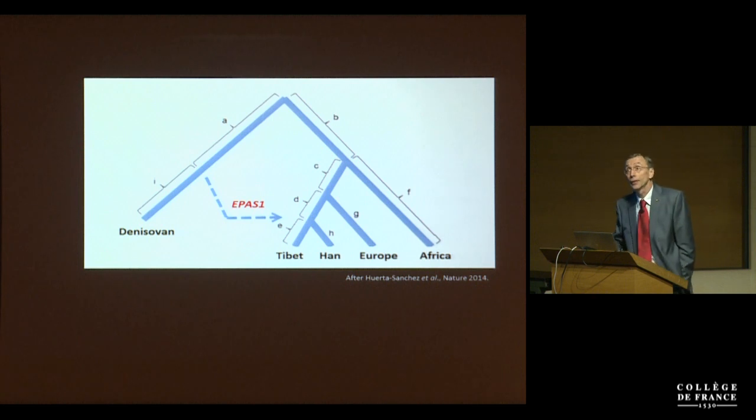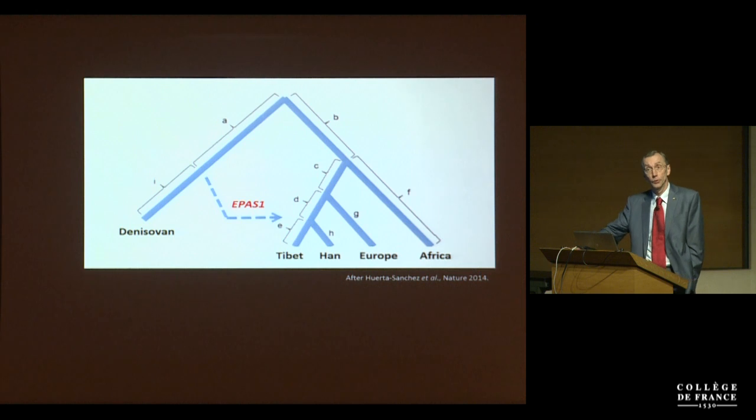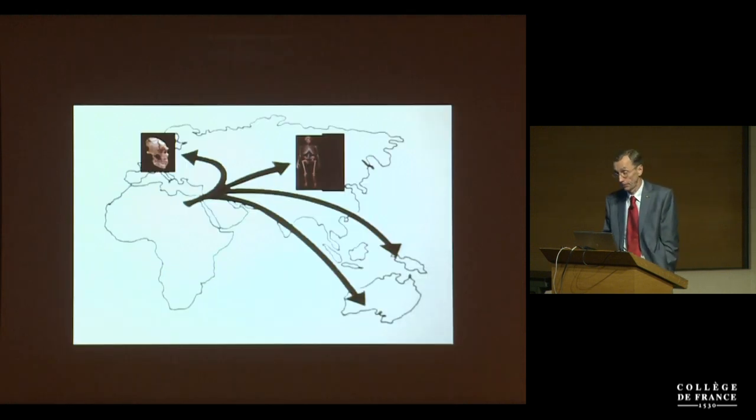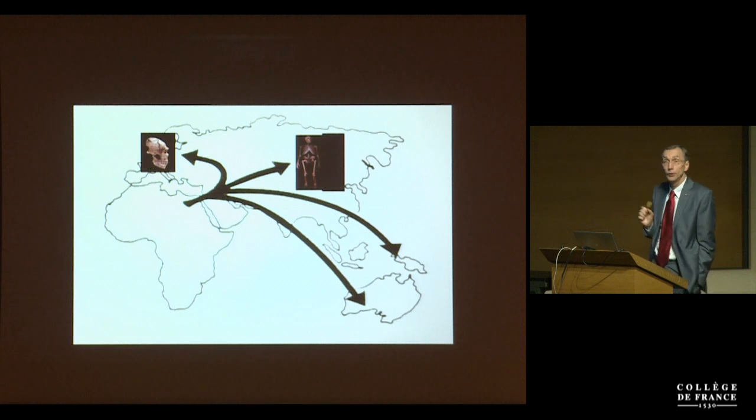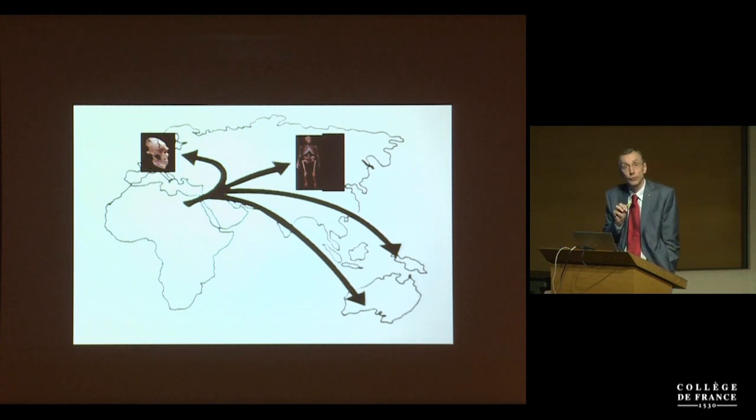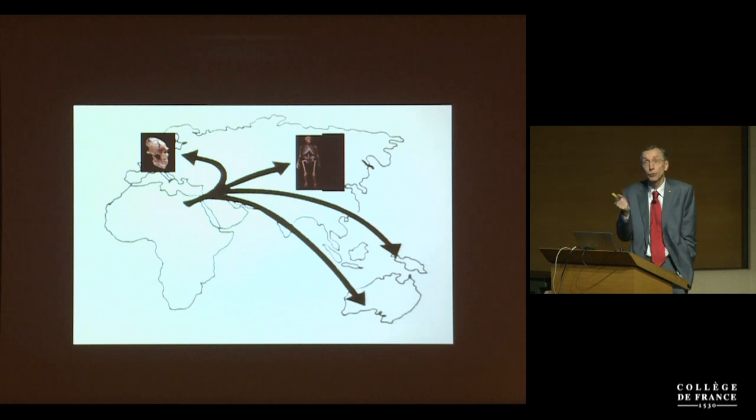So it's quite interesting that we would probably not have such large populations in Tibet today if it wasn't for this contribution from Denisovans. So it's a concept coming out, suggesting that these groups had lived in Eurasia for hundreds of thousands of years and would have adapted to the local environment in terms of infectious diseases or what have you.